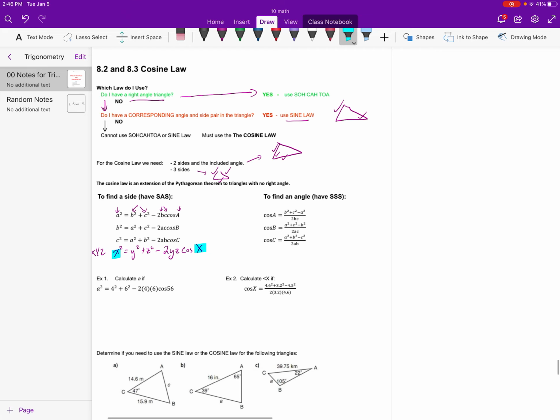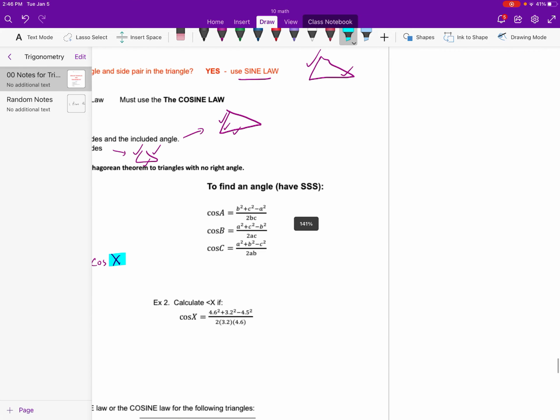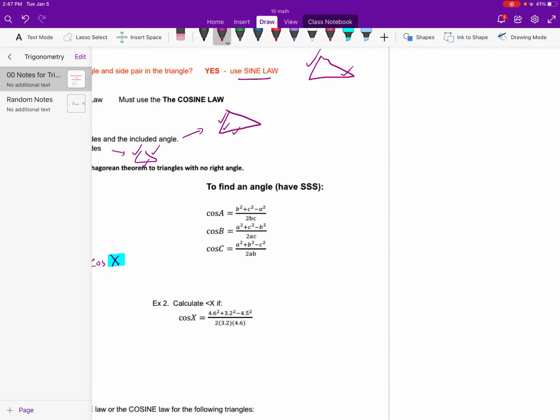Let's look at the angle formula. If you're solving for an angle, so if you have cos A, it's equal to B squared plus C squared minus A squared over 2BC. So notice that in this one we have angle A here, and then we're subtracting A squared. And everything else in that formula is the other two sides. So here it's B, and we're subtracting off B squared.